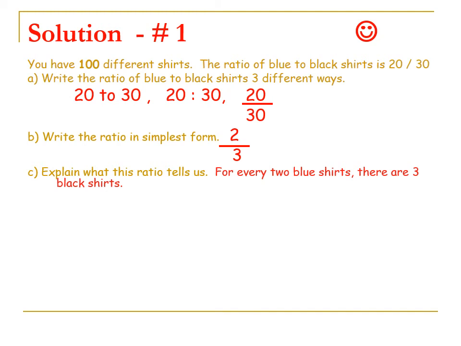Here the greatest common factor for 20 and 30 is 10. So 20 divided by 10 equals 2, and 30 divided by 10 equals 3. So the ratio in simplest form is 2 to 3. C. Explain what this ratio tells us. This ratio tells us that for every 2 blue shirts there are 3 black shirts.